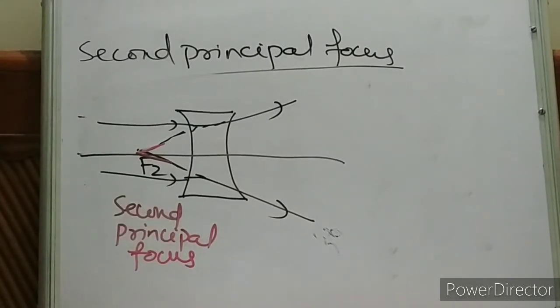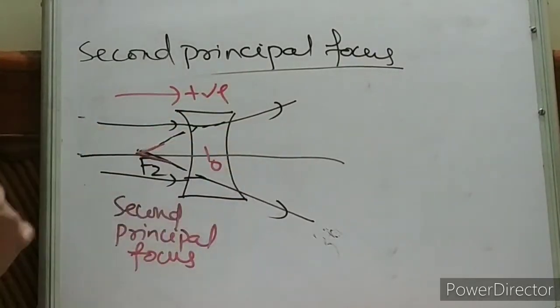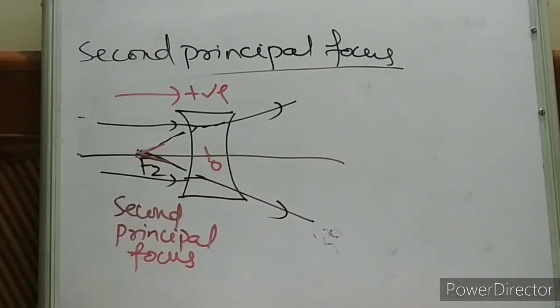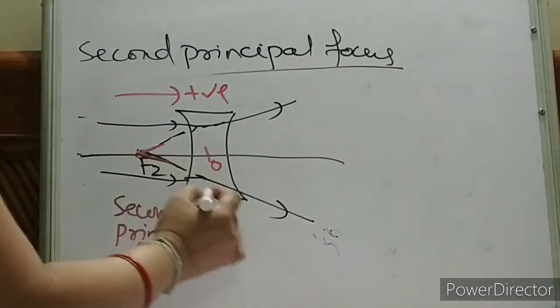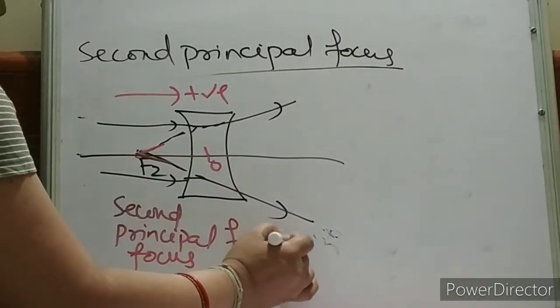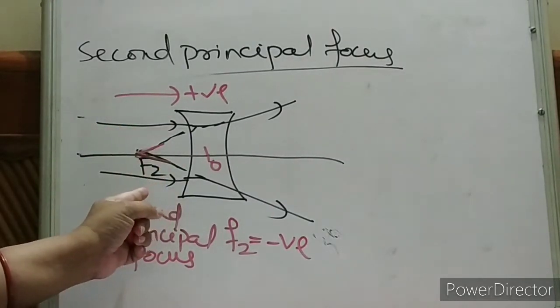Okay. Now this is the positive direction. This is your optical center. So your focal length is from the optical center to the focus point. This is your, you can say, focal point. So your f2 is negative for the concave lens. Clear?